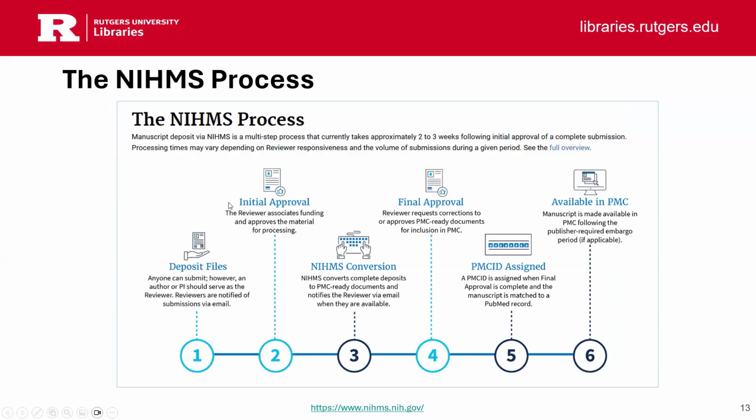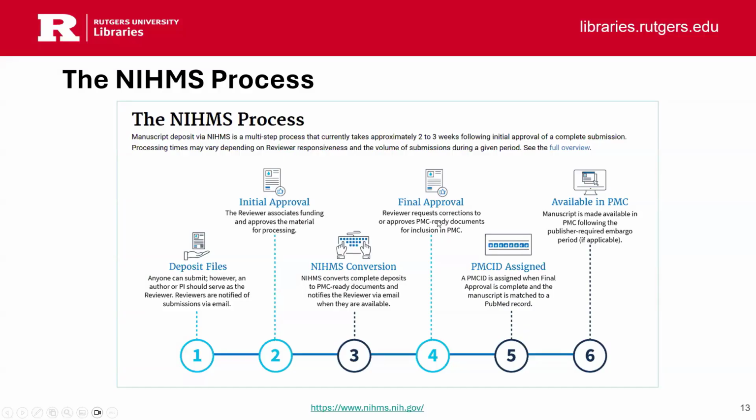The two approvals are: one, the initial approval, where the reviewer associates funding and approves the material for processing. The second approval is after NIH receives the submission and starts to process and format it.